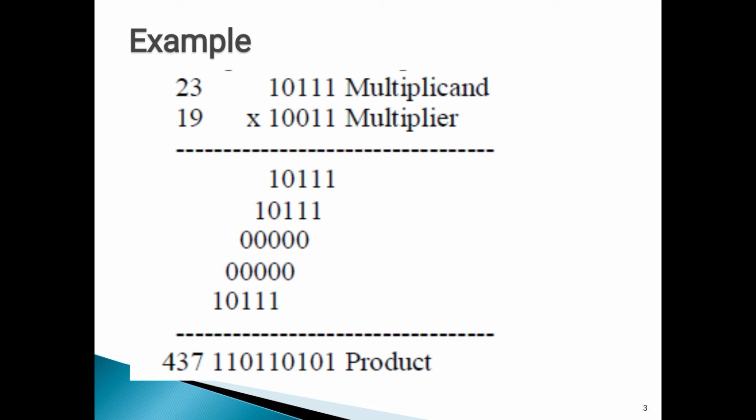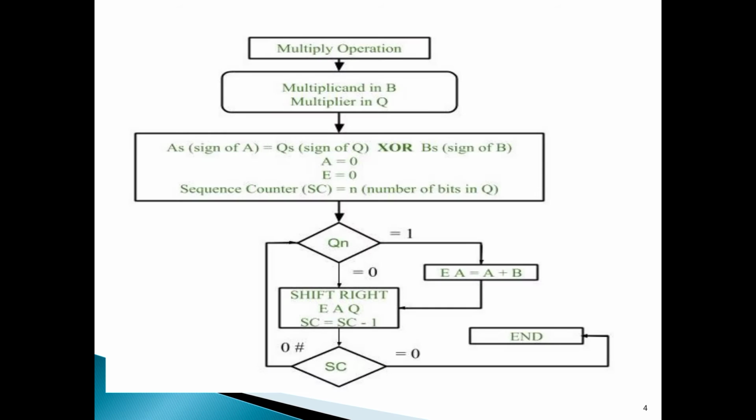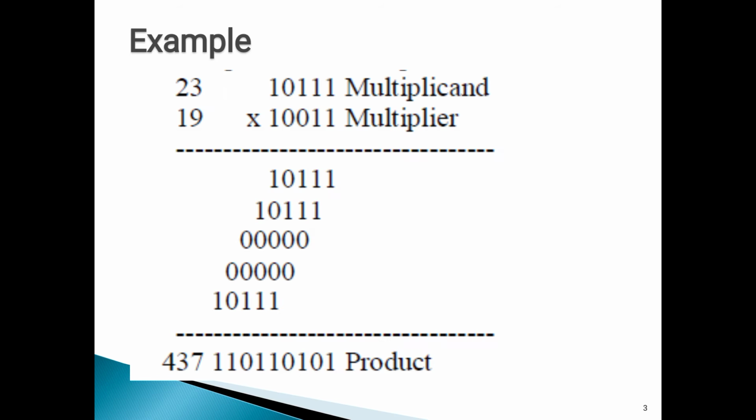So this is the multiplication operation, right? And the next one, to see this, is the flowchart for multiplication operation. So how to perform the multiplication operation? This is the basic example for multiplication operation.